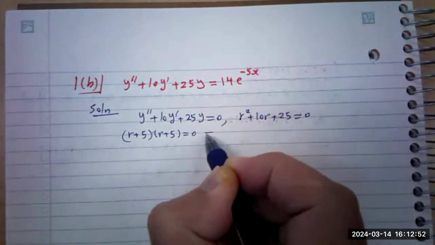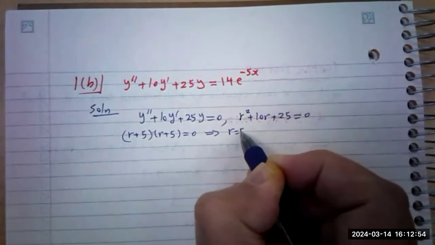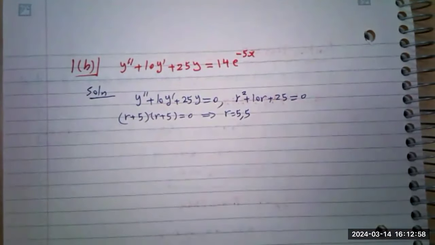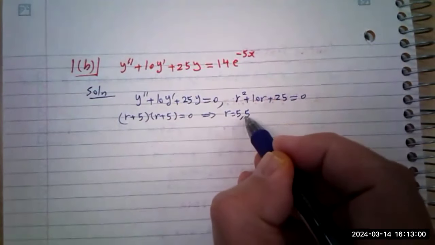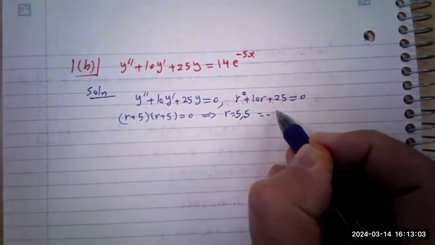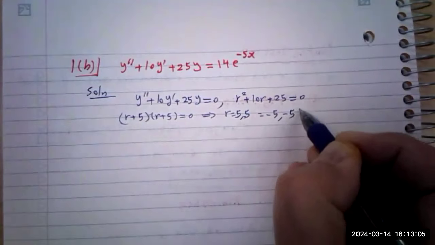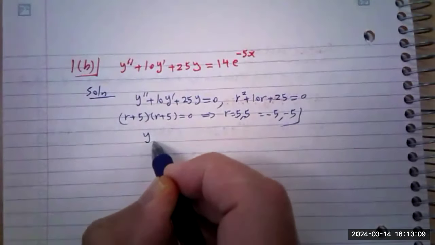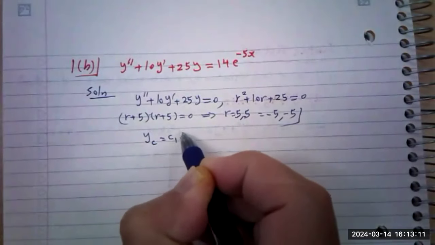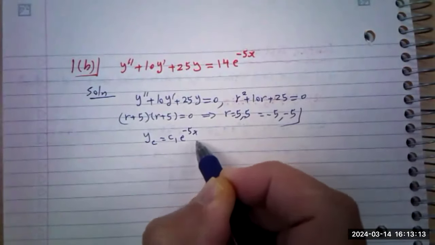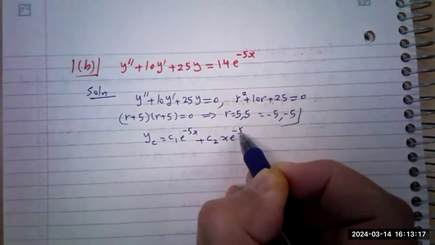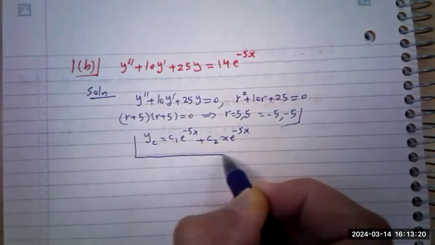So you are going to have r equal to negative 5 and negative 5, a repeated solution. So the yc is going to be c1 e to the negative 5x, and for the repeated solution, c2 x e to the negative 5x. This is the homogeneous solution.